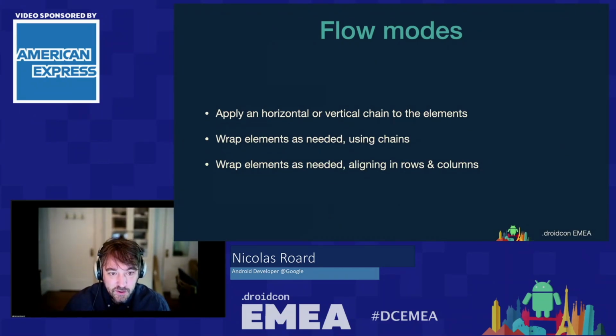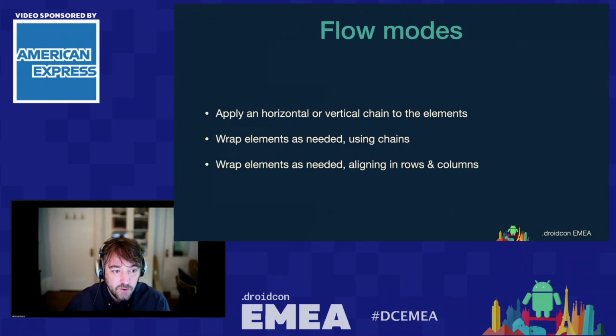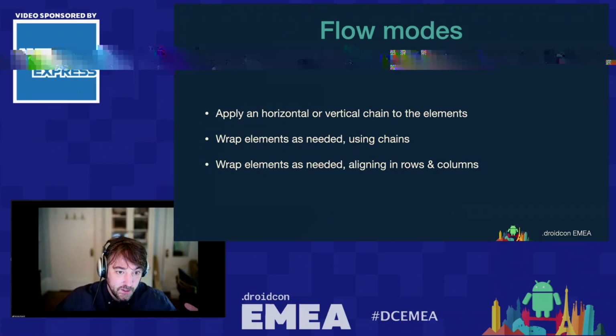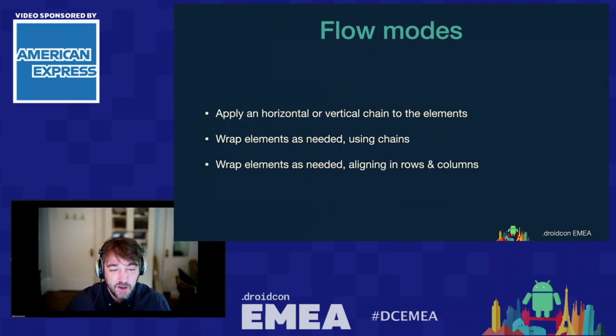So you could see it as a way of easily creating chains in your layout. Rather than having to manually define the constraints, put your elements into a Flow, reference them, and you will have your chain. But it does more. It also has a mode to wrap elements. So if your objects don't fit in the available space, we can automatically wrap them.